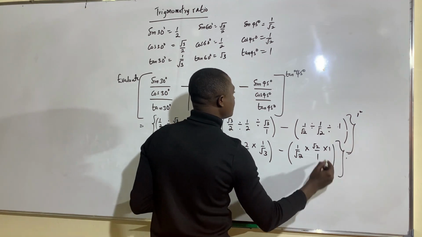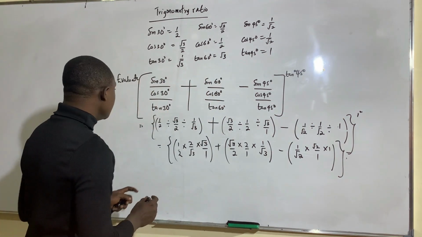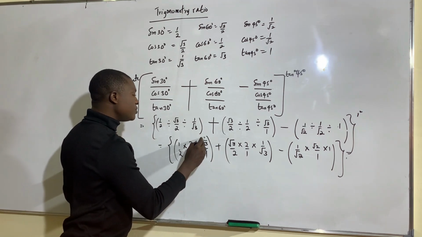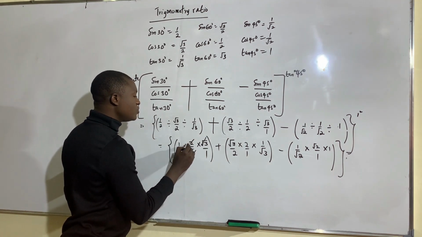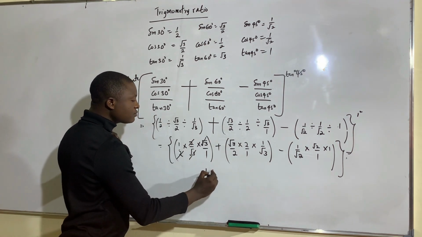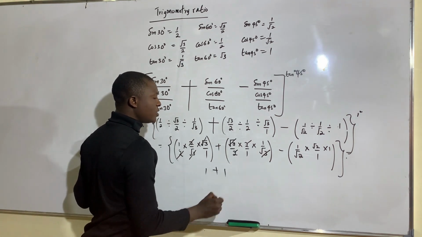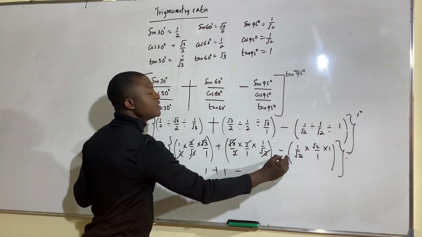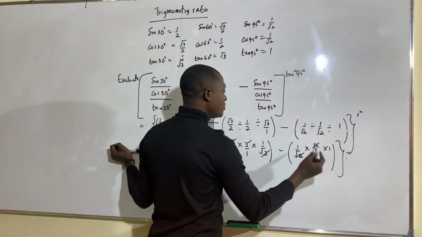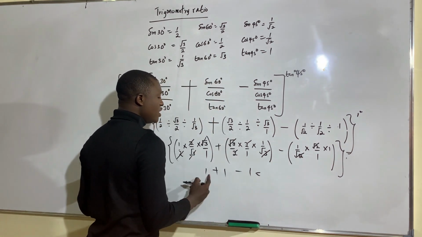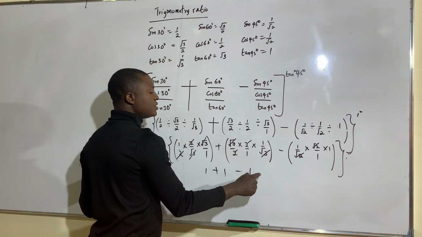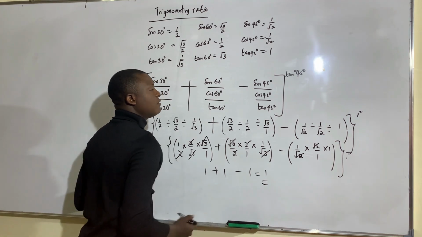So now, 1 square is 1. Now I can easily cancel all this. √3 can cancel √3 here, 2 can cancel 2 here. So what we have left is 1 plus, this 2 can cancel each other. What I have here is also 1 minus, you can see this 2 cancels this, so we have left is also 1. So here, 1 plus 1, we have 2. Then 2 minus 1, we are going to have 1.